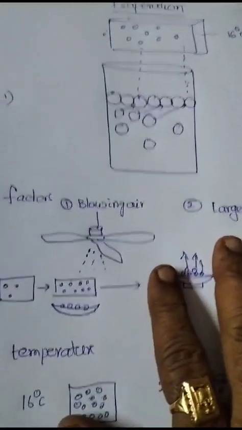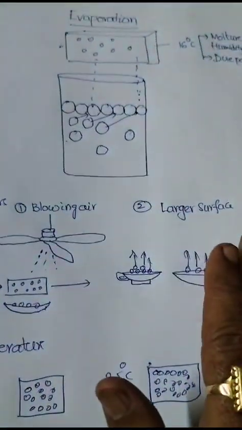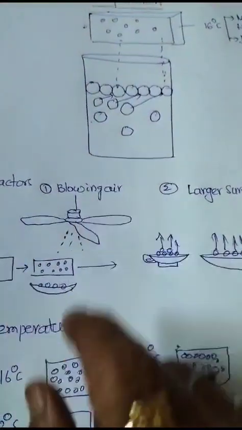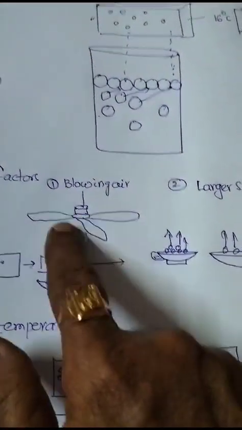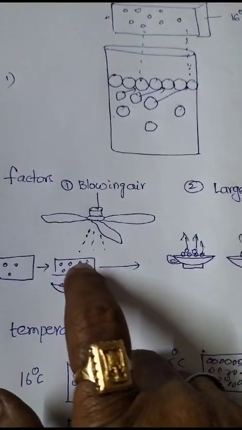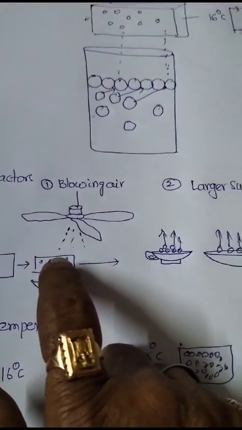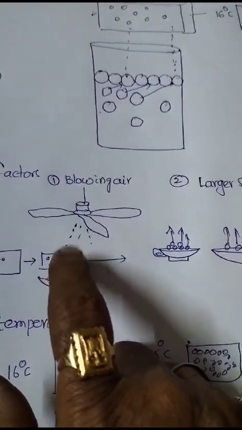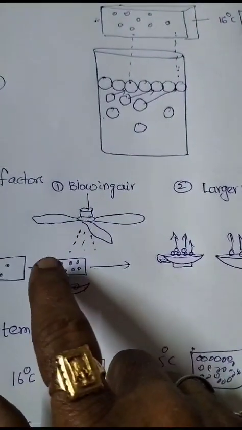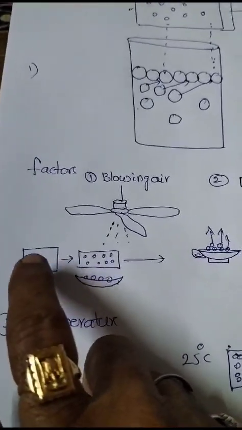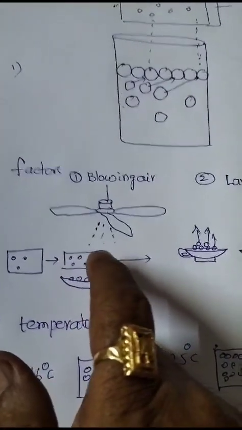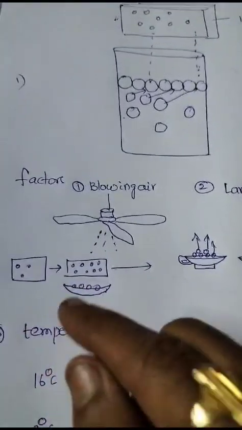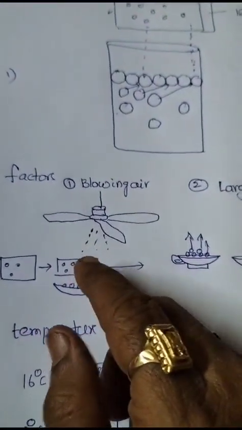Now let us go to the factors that influence evaporation. Take blowing air. What happens when the air is blown? The air already has a sufficient amount of water molecules from the evaporation and starts exchanging. When the air blows, they move away, and the air column is replaced with air having low moisture or humidity, and it again receives some more water molecules.